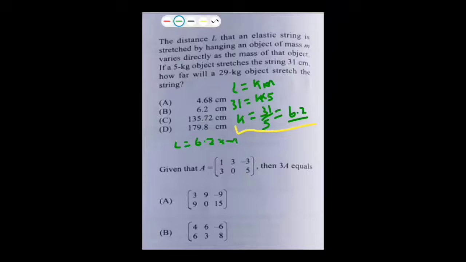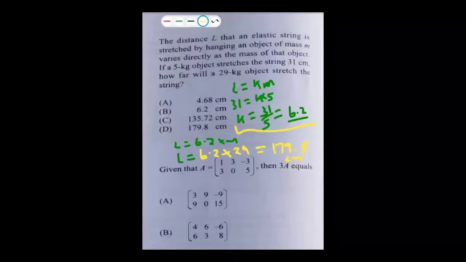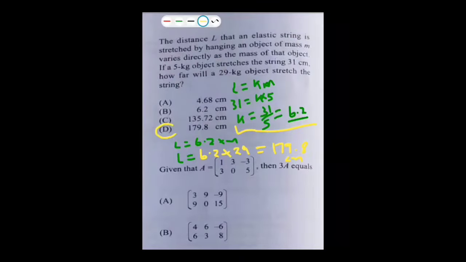So we write in our equation, we have L is equal to 6.2 multiplied by M. Substituting our value for our mass, we have L is equal to 6.2 multiplied by 29 kg, and multiplying that across, we'll have our answer as 179.8 centimeters. And that is how far a 29 kg object will stretch this string. That is D.